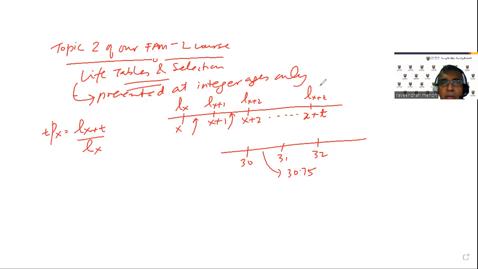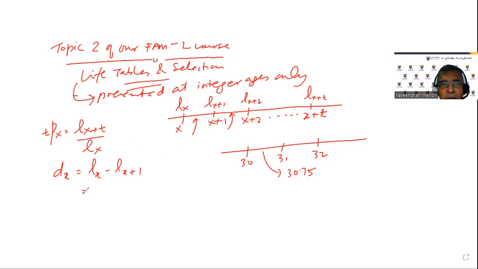We will learn things like d_x. d_x will be the number of deaths between age x and x plus 1. So this will be l_x minus l_(x+1). The number of lives here minus the number of lives here will give you the number of deaths that occurred between age x and x plus 1. Not too bad, right?